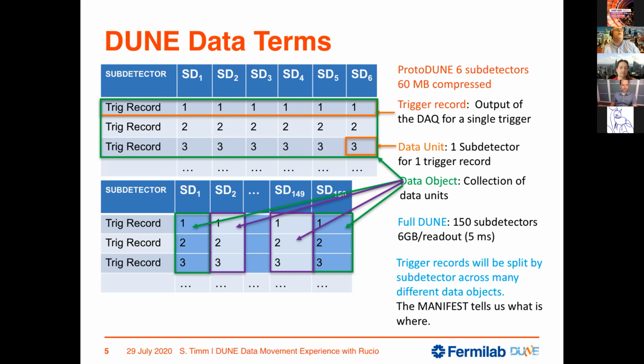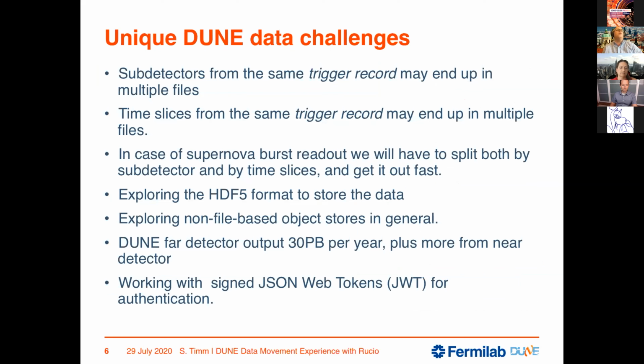And that is in fact a very good thing for GPUs to do. So the subdetector from the same trigger record may end up in multiple files. Time slices from the same trigger record may end up in multiple files, especially in the case of the supernova burst readout, where one trigger record will take 100 seconds and all 150 APAs, and we'll have to split by both and get it out fast. Then remember where it was afterwards.